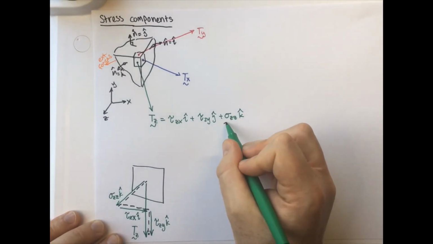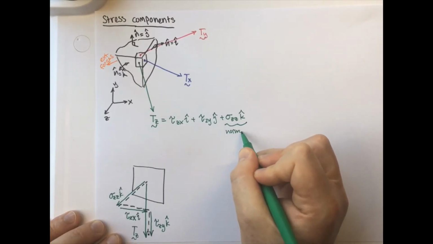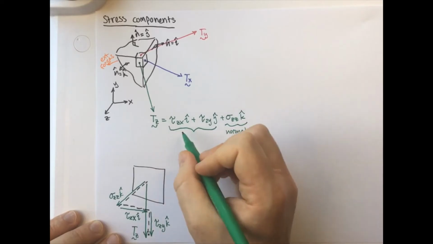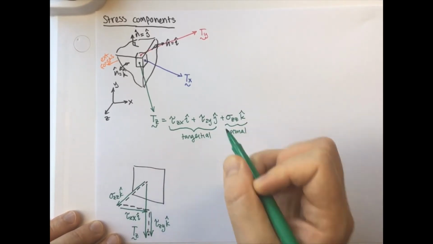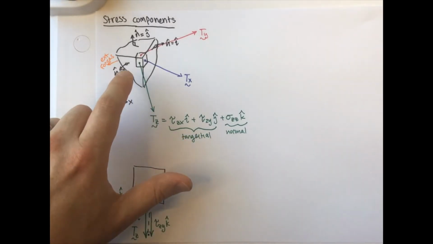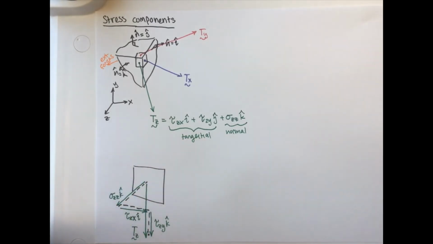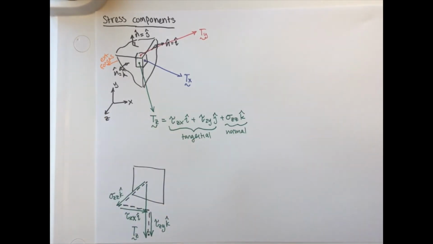And this guy here is the normal component, and this together is our tangential component. And all we've done here is instead of having our traction vector components be normal and tangential to a particular plane, we've chosen those planes, in this case, to correspond to our coordinate axes.